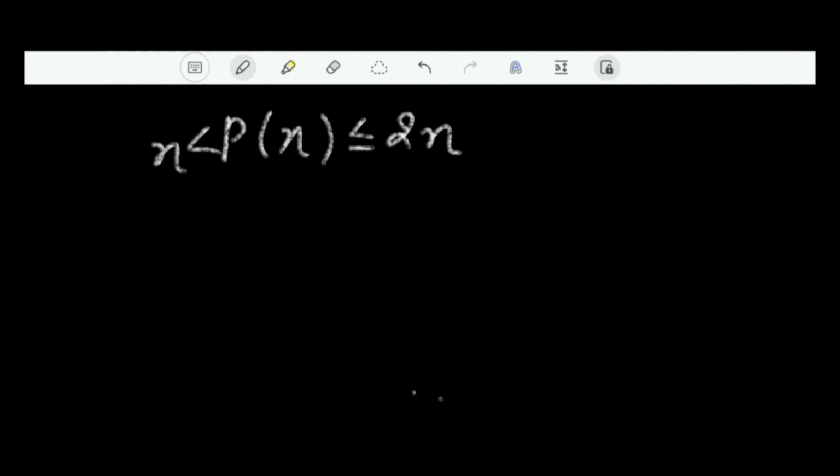So what we have done in our last class, we found an inequality which is something like this, that P of n lies between n and 2n, and for some point it is equal to 2n and is strictly greater than n. So now we have to proceed further from this point.